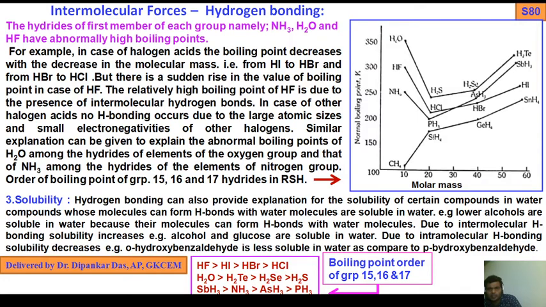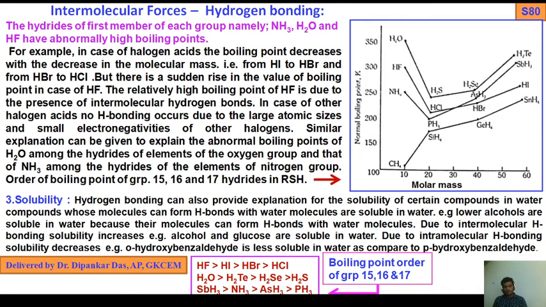Why does water have a high boiling point? According to the graph, water has a high boiling point. You see the boiling point order for groups 15, 16 and 17: HF is greater than HI, HBr, HCl. If I ask why the boiling point of HF is higher, it is due to intermolecular hydrogen bonding.